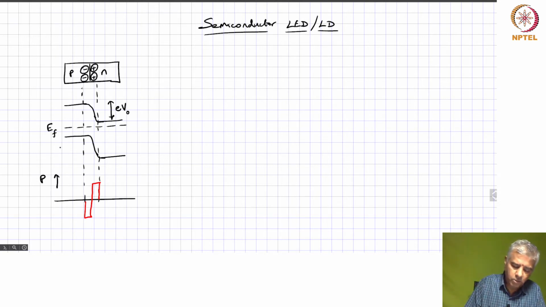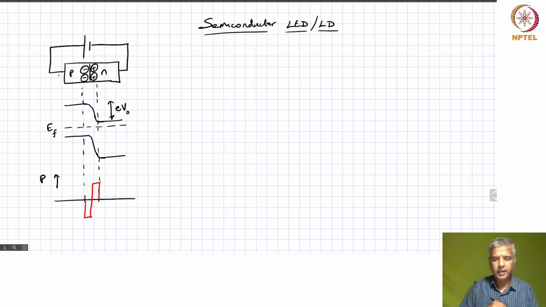But things change when you apply a positive bias, forward bias. When you apply a forward bias, that bias is now acting against this potential. So if we call it VB, then your effective barrier height is now reduced to V naught minus VB.